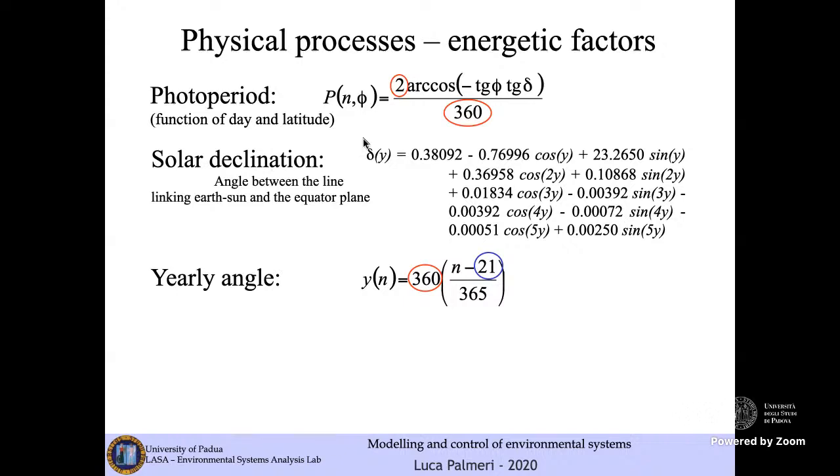What is the solar declination? It is the angle between the line linking the Earth-Sun and the equator plane on the Earth. So exactly, the solar declination tells us how high the Sun is above the horizon.